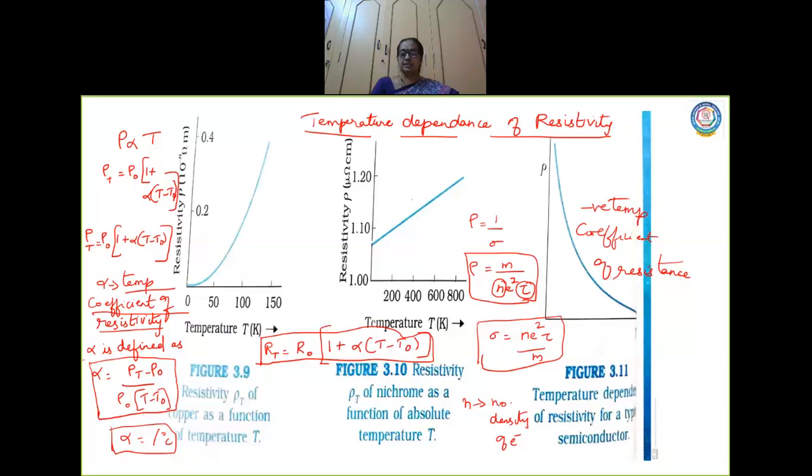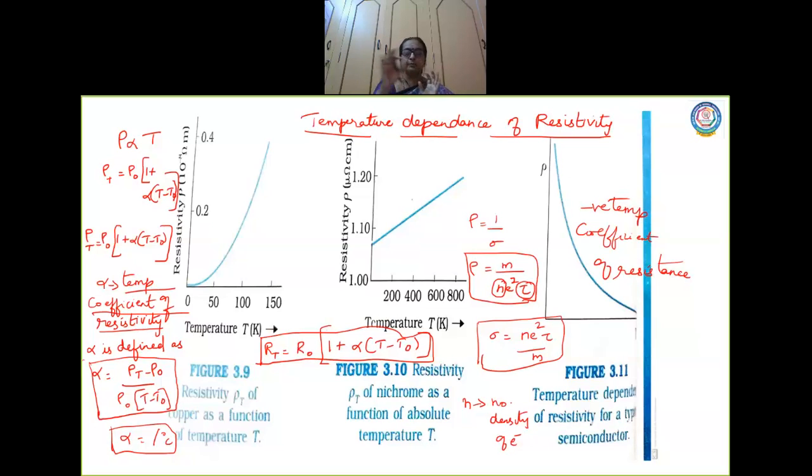So the resistivity is inversely proportional to the electron density, and also inversely proportional to the average time between collisions. In a metal, if the temperature increases, tau decreases. In semiconductors, when temperature increases, tau decreases, but the overall resistivity also decreases here.